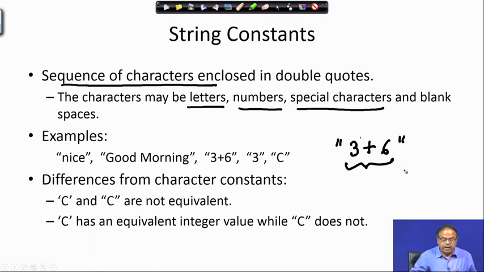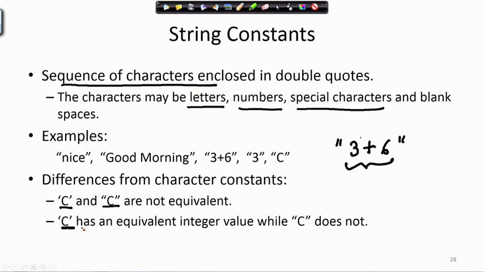The difference with character constants is that the single-quoted C is a character and the double-quoted "C" is a string, and they are not equivalent, because internally they will be represented in a different way. The character has an equivalent integer value, that is ASCII code, whereas the string does not have an ASCII code. It is something different, where there will be C and something more, which we will see later.